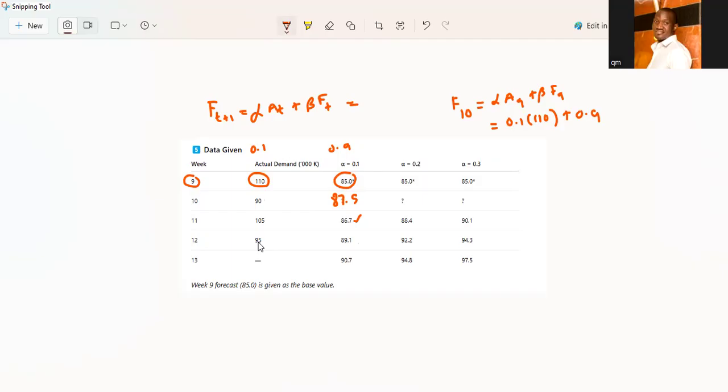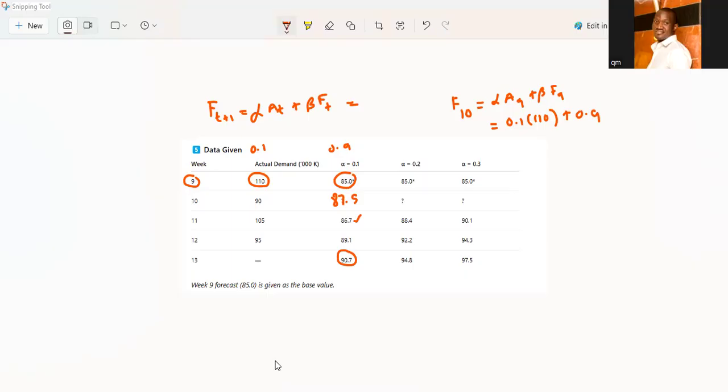Then 0.1 times 95 plus 0.9 times 89.1 should give you this one. This times that plus this times that should give you that. Are we together so far?